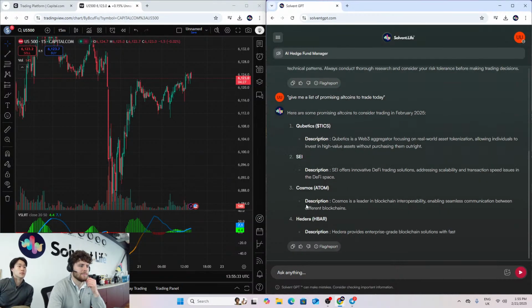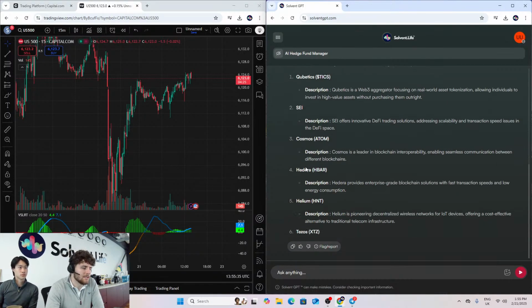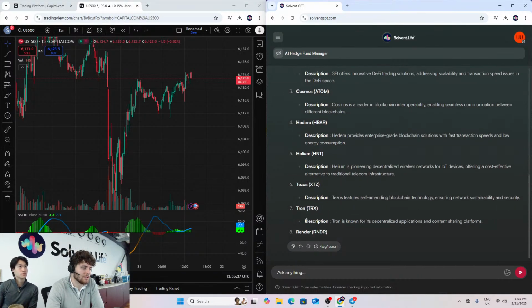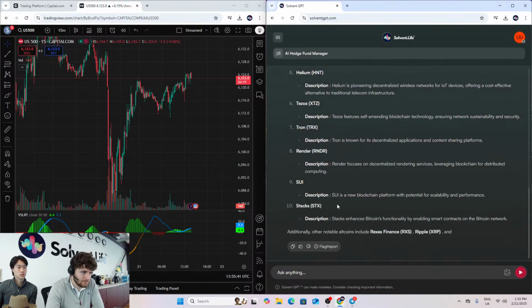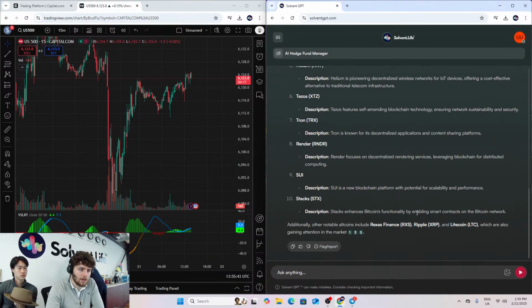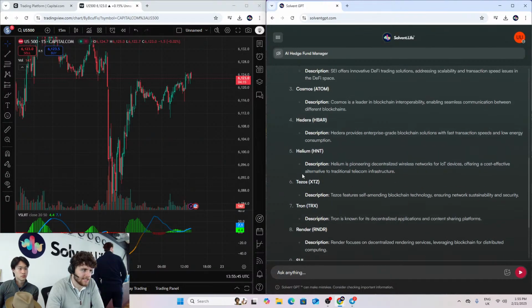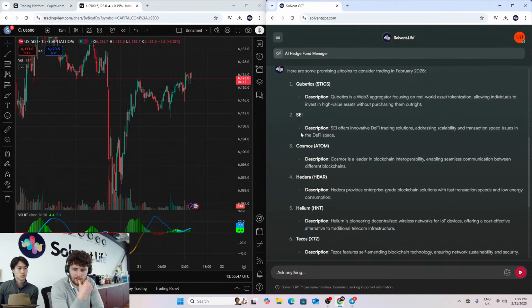Cosmos, Hedera, Helium and Tezos, Tron, Render, Sui, Stacks, with some other notable altcoins. Fantastic. So we can dissect these and go through these today, see what sort of picks the GPT recommends, and maybe see if we can put a trade in.